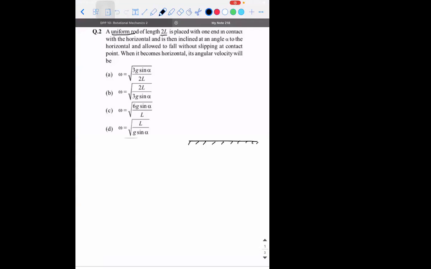So if I take the rod, okay, the rod is of length 2L, right? That's what they told. Its center of mass will be somewhere over here.